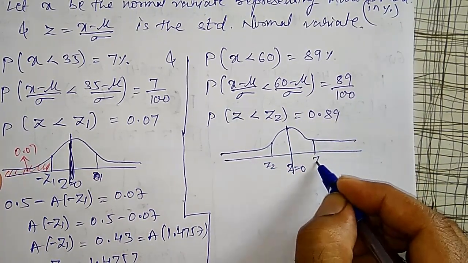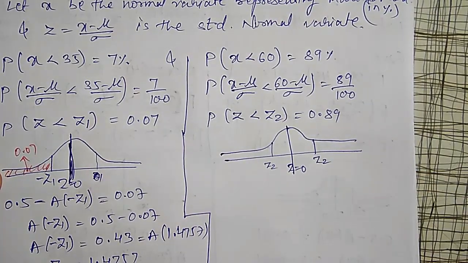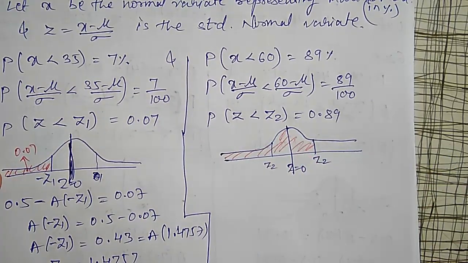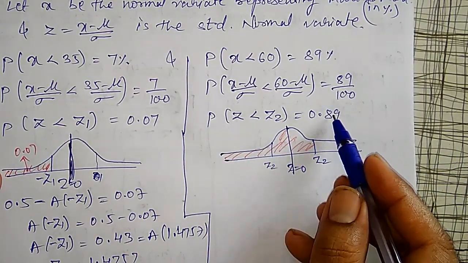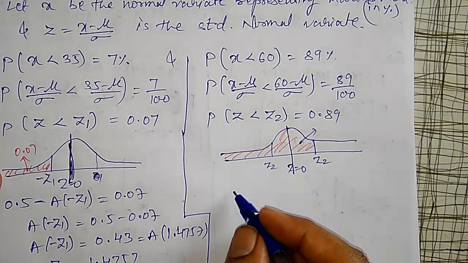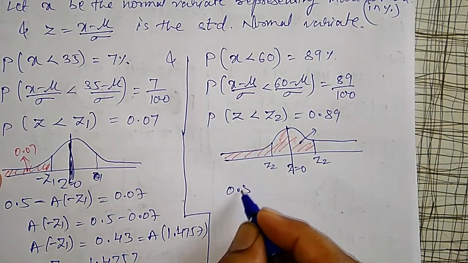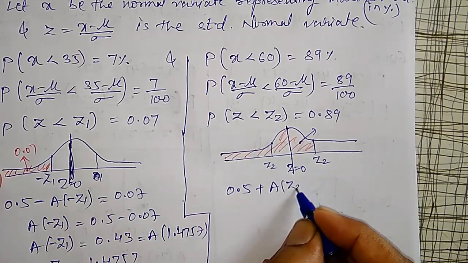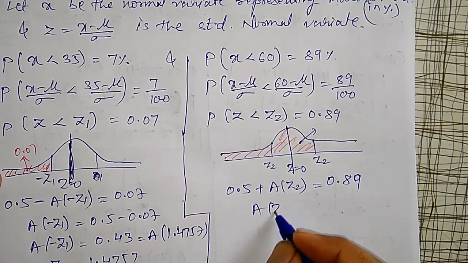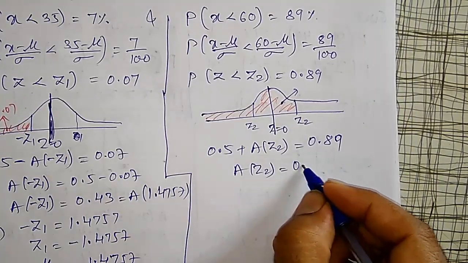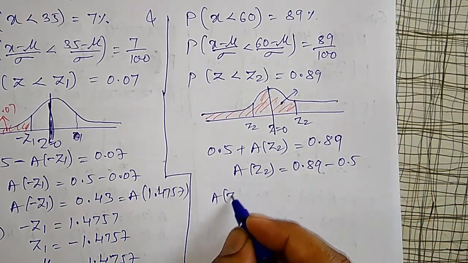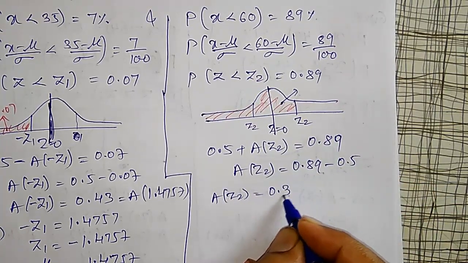If I am considering z2 on the positive side, then my total area will be this area, correct? This may be 0.5 plus something equal to 0.89. That is possible. Therefore, I can write 0.5 plus area of z2 equal to 0.89. Therefore, area of z2 is equal to 0.89 minus 0.5, which is 0.39.